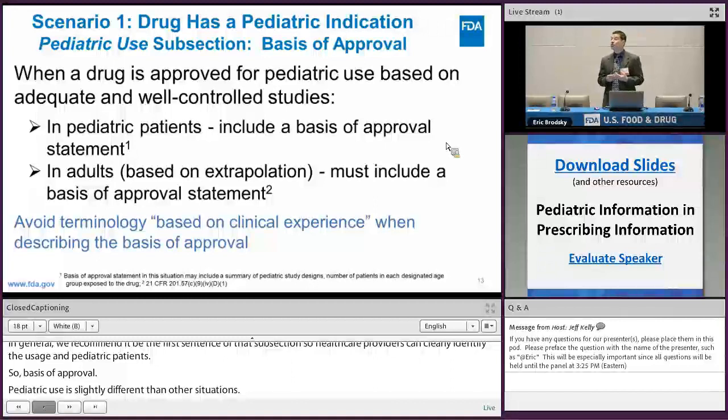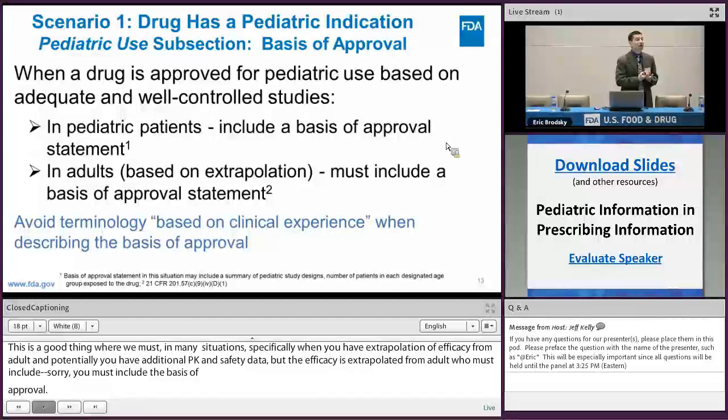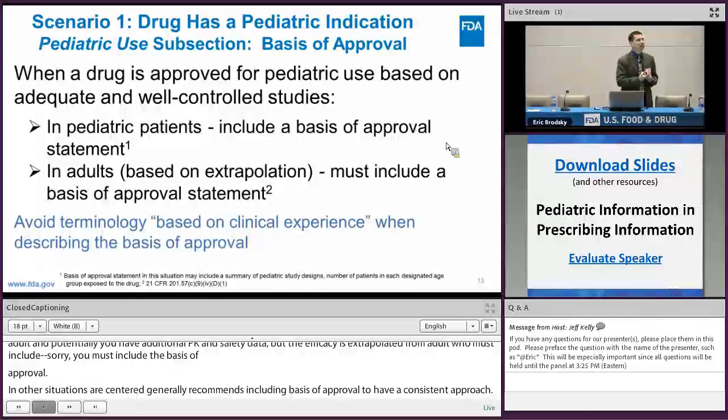In other situations, our center generally recommends including the basis of approval to have a consistent approach. And this gives a better understanding to the pediatrician, the healthcare practitioner, why the product was approved in pediatric patients.